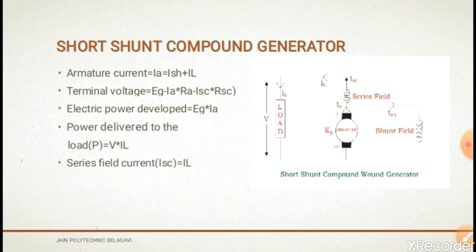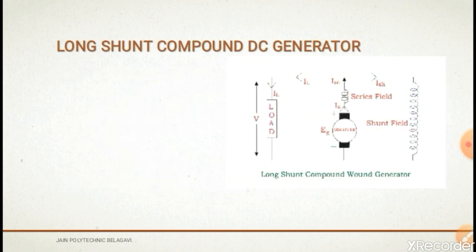As we know, the series field current Isc is equal to IL. The shunt field current is given as V plus Isc into Rsc, divided by RSH.